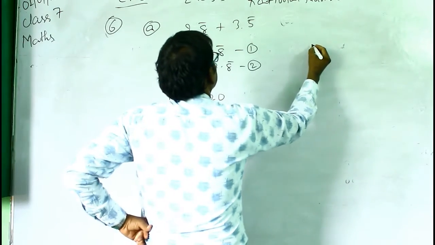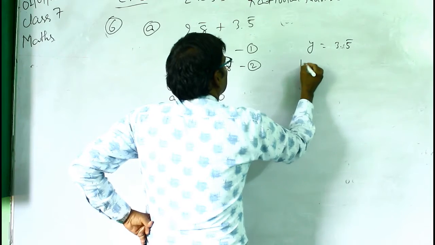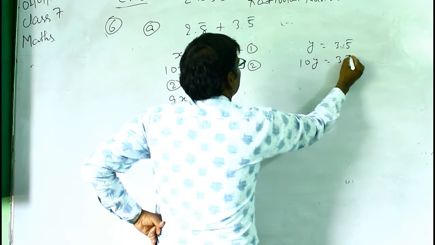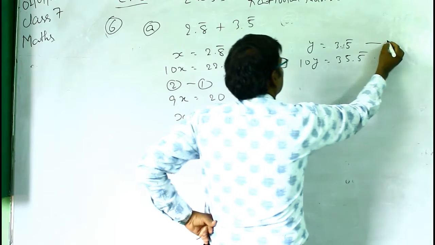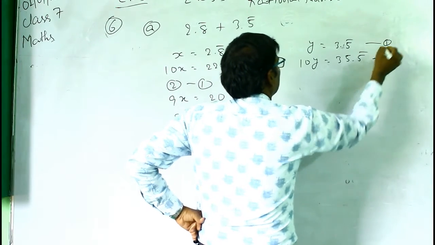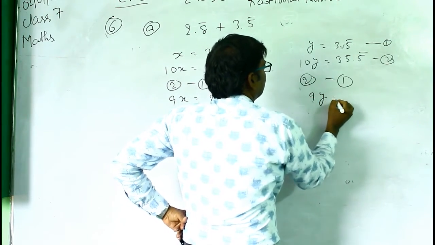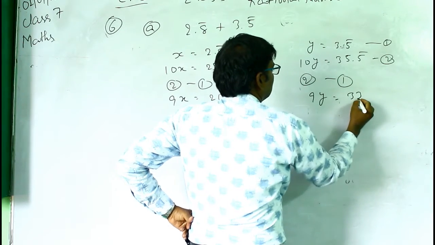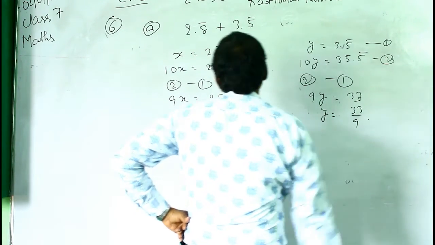Now find this again: y equals 3.5 bar. Then 10y equals 35.5 bar. This is 1 and this is 2 again. Subtract 2 minus 1: 9y equals 33. Then y equals 33 by 9.